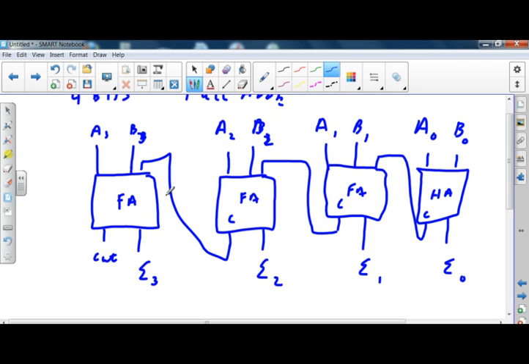Okay, on page 287, two's complement adder subtractor circuits. I'm not going to talk about them now, and in your lab, you're going to build them.